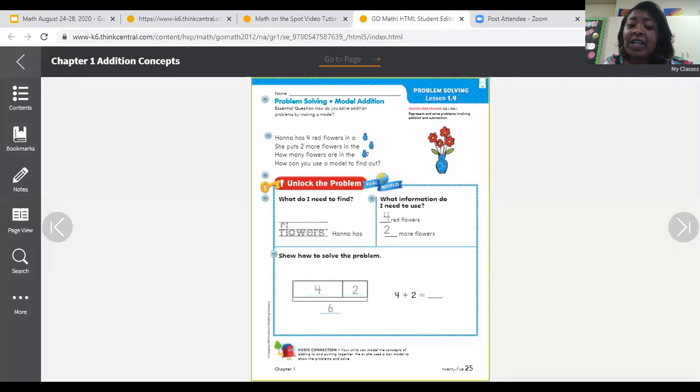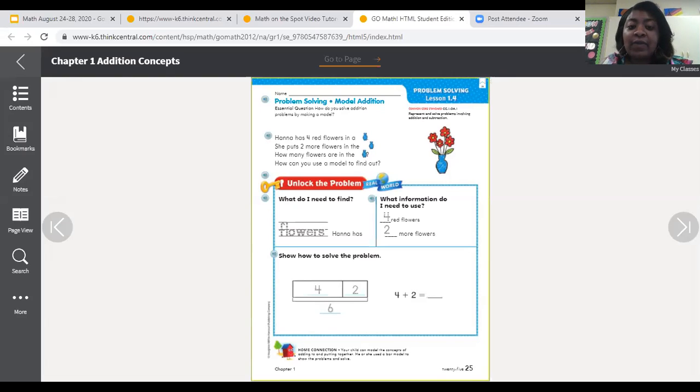So first we need to figure out, what are we trying to figure out? What are we trying to find? We are trying to find how many flowers are in the vase. So we're trying to look for that total number of flowers that is in the vase. Let's see, what information do we already have? We know that there are 4 red flowers, and we know that there are 2 more flowers. So we know that there are 4, and then 2 more come.